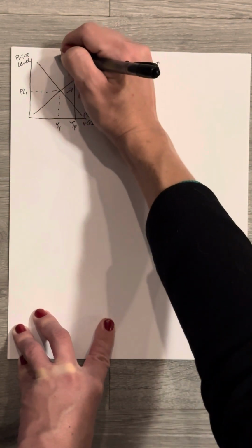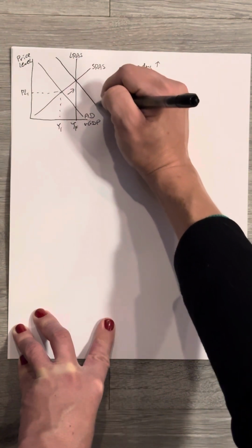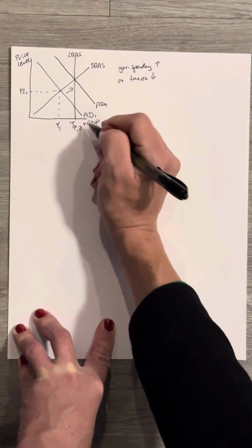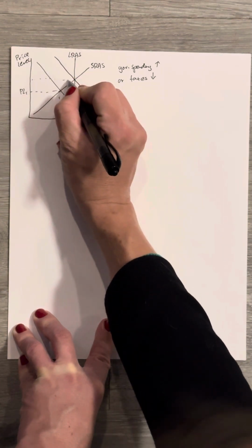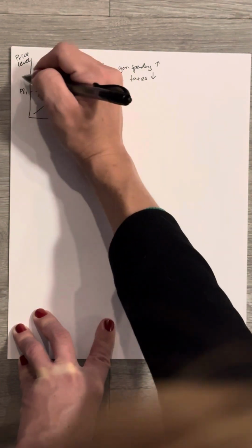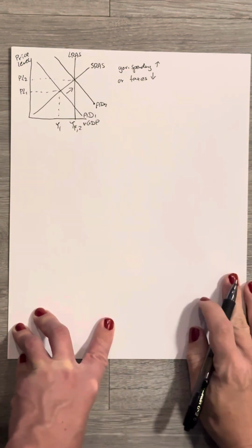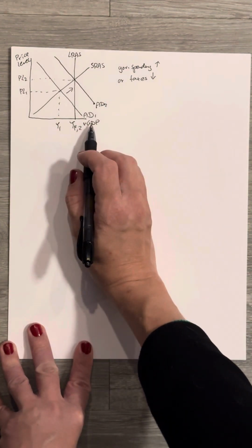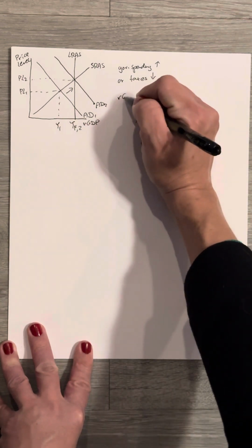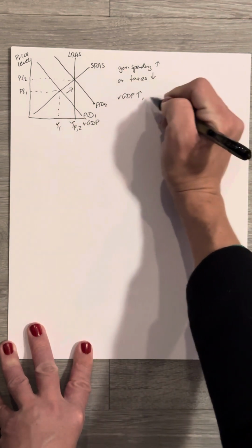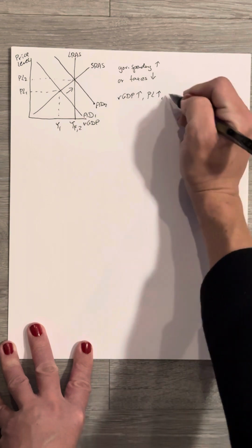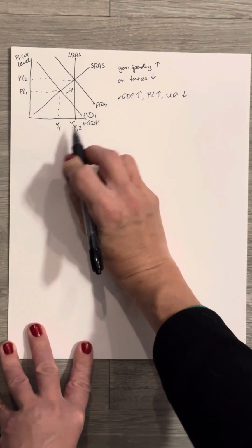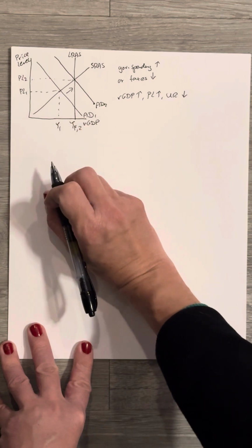AD will shift to the right, ideally up to the point to close the output gap if the government decided to inject the right amount of money into the economy. And this happens here. Now, in this scenario, real GDP goes up, price level goes up, and unemployment rate goes down because we're producing more output equals more workers.